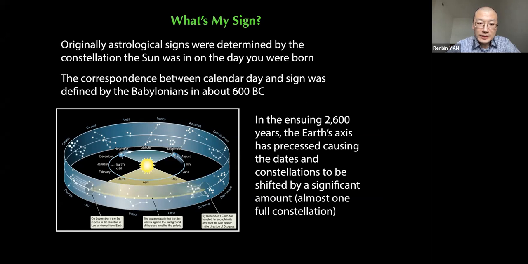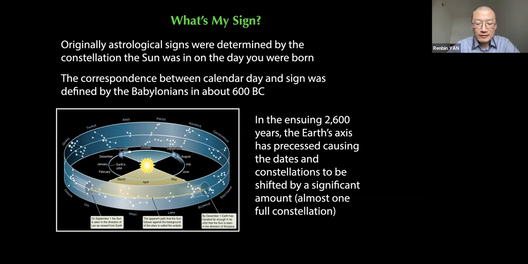The correspondence between the calendar day and the sun was defined about 600 BC, but today it has shifted by almost one full constellation, by about a month. That is why where the sun is in the sky when you were born doesn't really correspond to your astrological signs according to the rules set by the Babylonians.